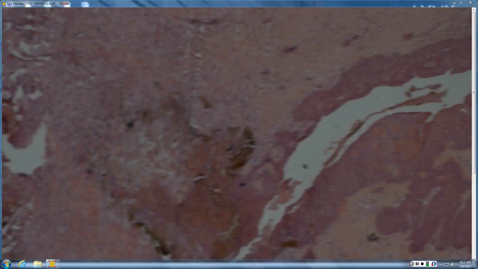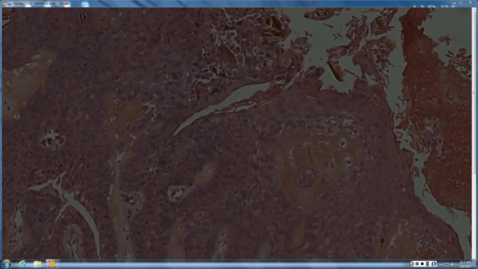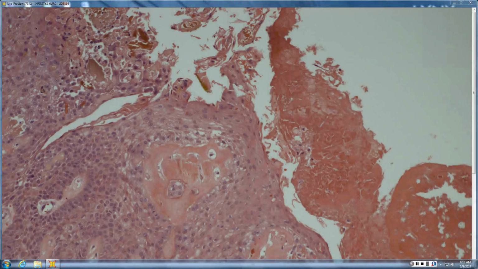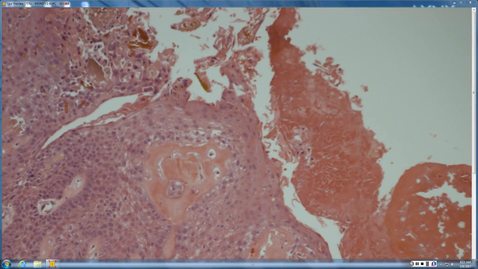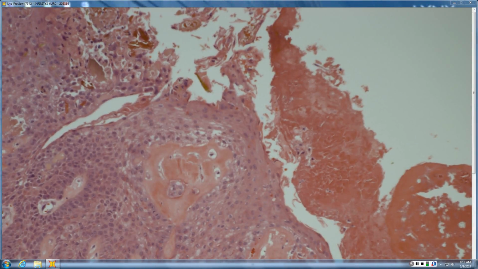So it looks like you have a cyst here. Okay, and tell me about the wall of the cyst. So if you have this kind of stroma around blood vessels, like a poroma stroma, correct? And so, do you know any kind of poroma that's cystic?